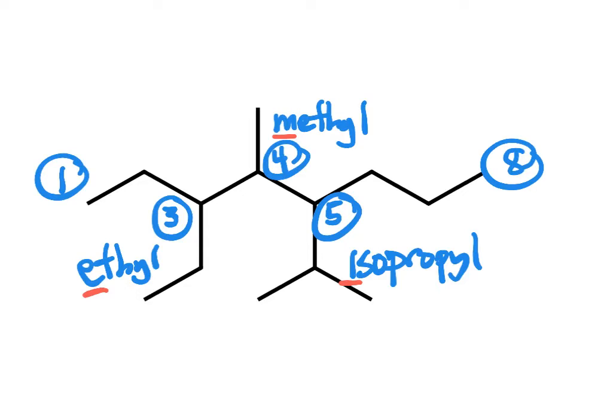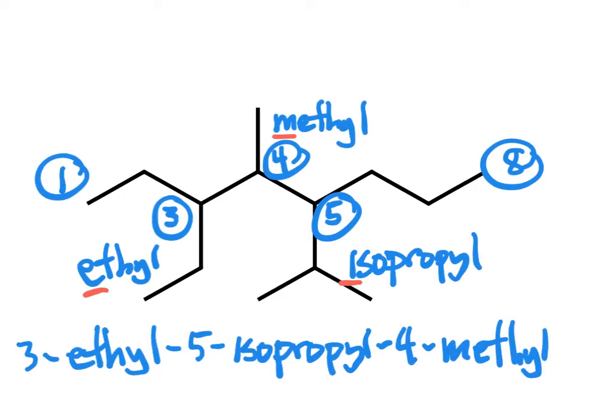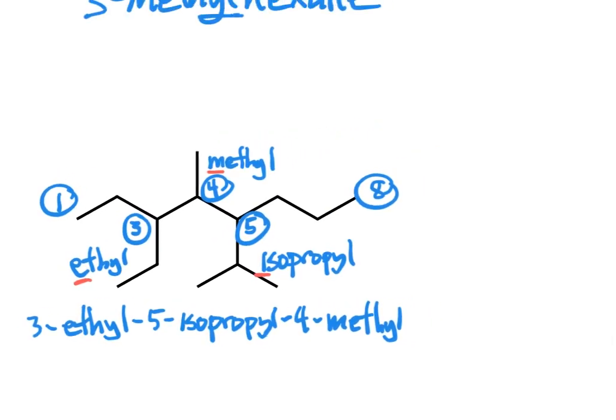So that means that I am going to then have 3-ethyl hyphen, next would be 5-isopropyl, and next is my 4-methyl. Going to just shrink this down a little bit so the rest of the name is going to fit.